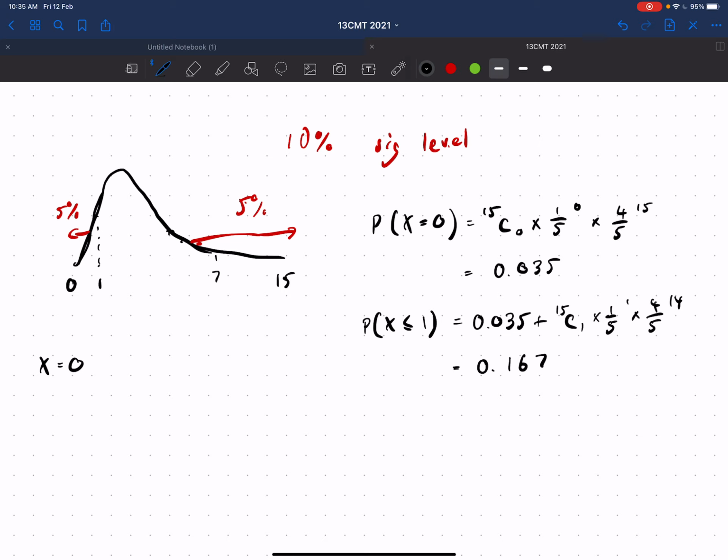So I'm just going to carry on from where I am and do what to get the other side of things? I could compare it to 95%. That is one way of doing it. Or I could do what else? 1 minus. So either I'm going to carry on doing this with 1 minus, or I could compare it to 95%.